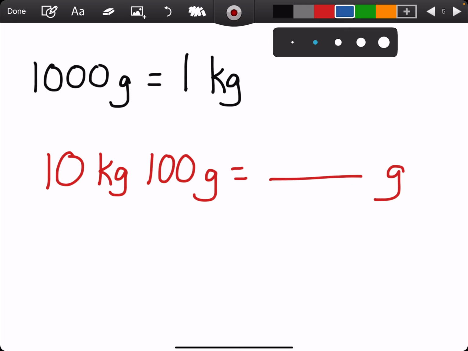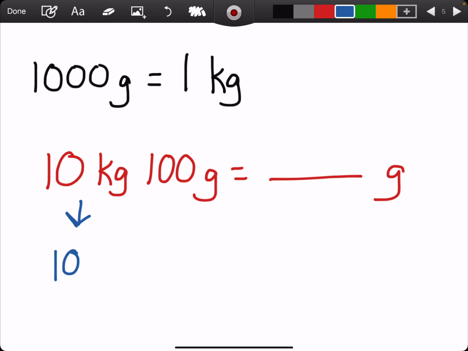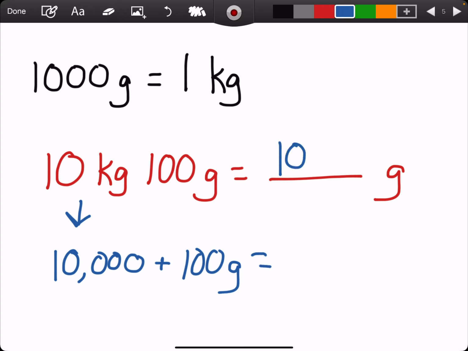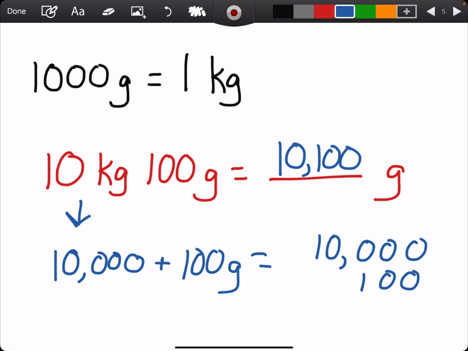Well, 10 kilograms is 10 times 1,000, so that's 10,000 grams plus the 100 grams. So that would be 10,100 grams, or line it up, and you will see you get your 10,100.